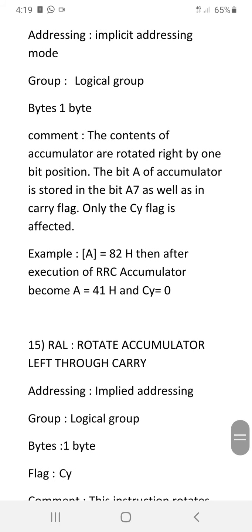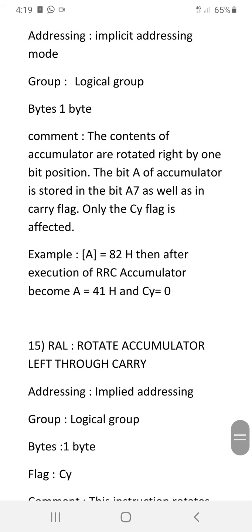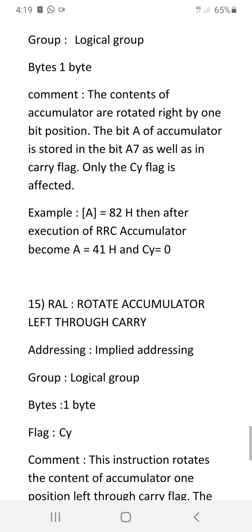So here carry will be changed as well as data will be changed. Hence if the accumulator contains 82 hex, then after execution of RRC, the accumulator becomes 41 hex and carry is reset.